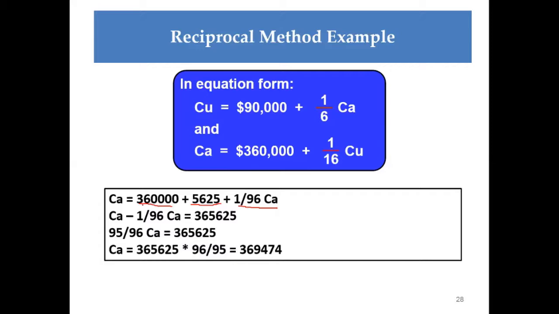Then we have 360,000 plus 5,625. Here we add these two amounts and we reach 365,625.